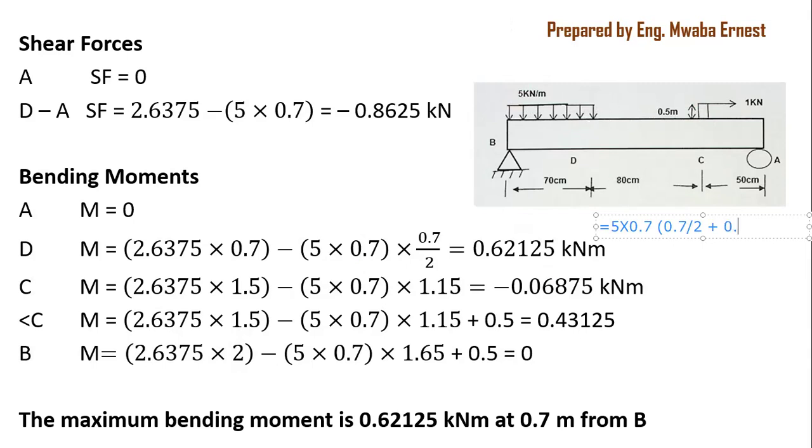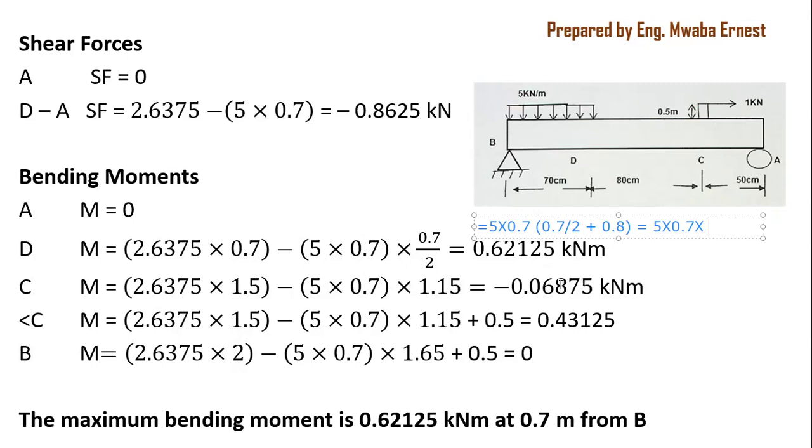In other words, it's as good as having 5 multiplied by 0.7 and then multiplied by 0.35 plus 0.8.